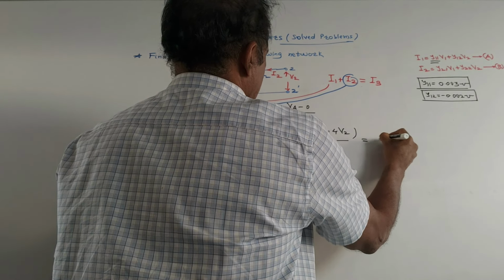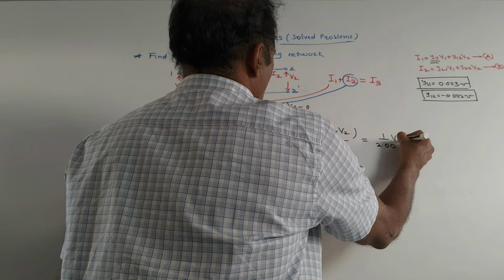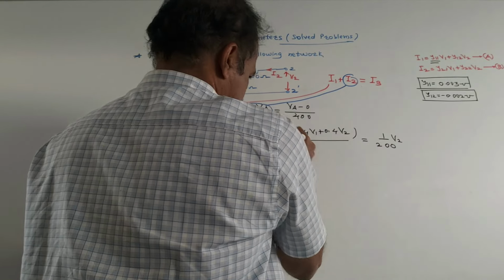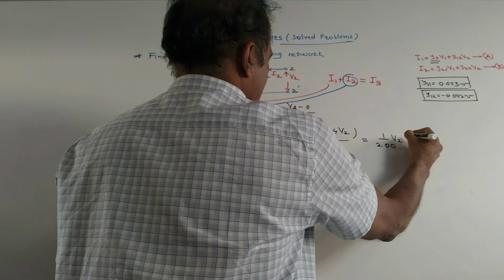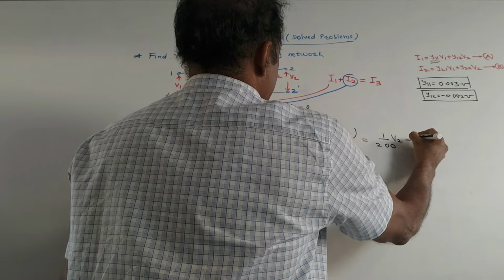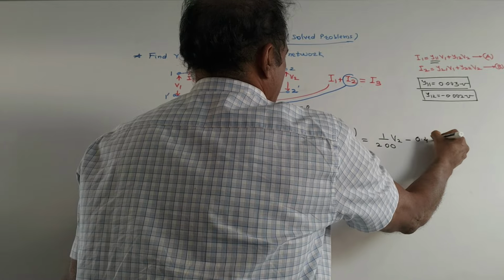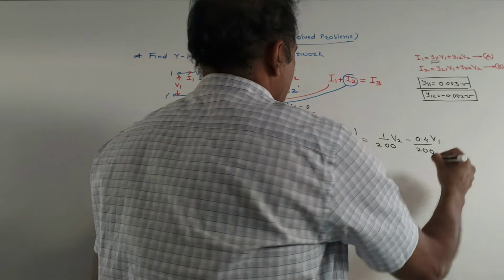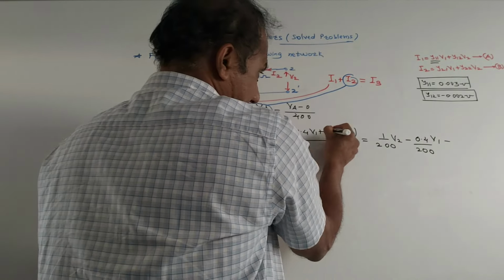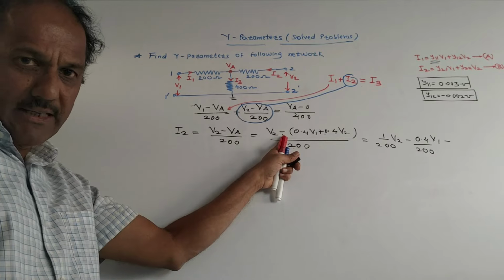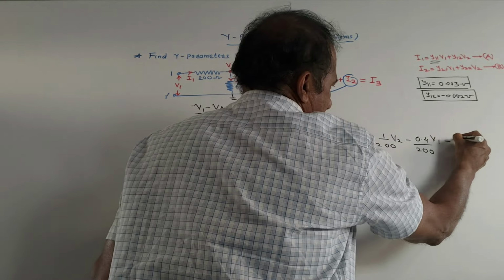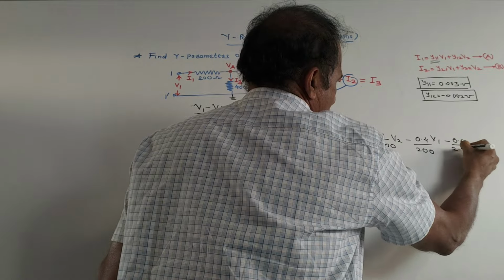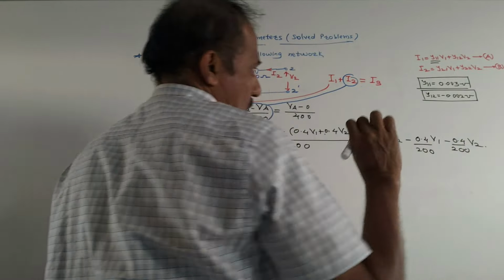It can be written as 1 by 200 V2, this V2 upon 200, minus 0.4 V1 upon 200, that is 0.4 upon 200 V1, plus this again becomes minus because we have taken the minus sign outside the bracket. So minus 0.4 upon 200 into V2.